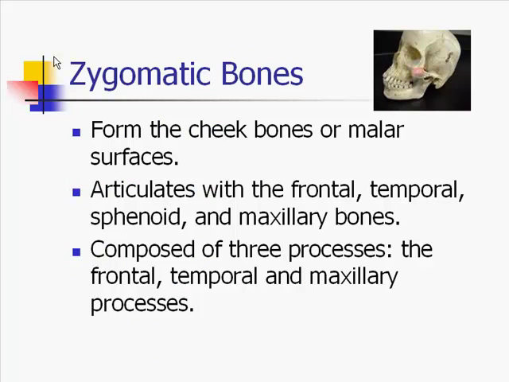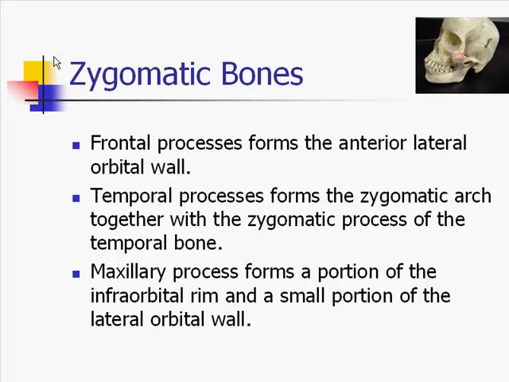The zygomatic bone, again, if somebody were to say that they broke their cheekbone, this is what they broke, odds are, which is the zygomatic bones. It's composed of three processes: the frontal, temporal, and maxillary. The frontal process of the zygomatic bone forms a portion of the orbital wall.